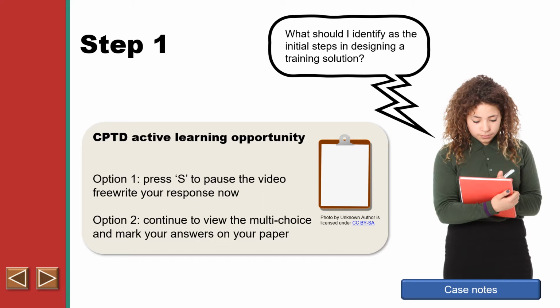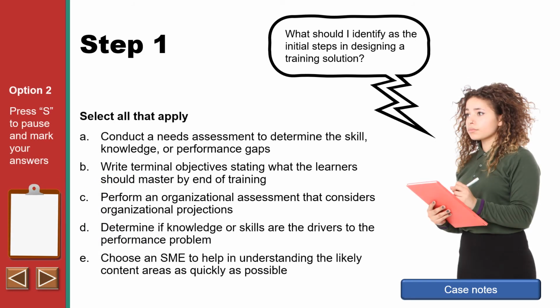As a second option, you could just continue and view the multiple choice and then mark your answers on your paper. Or you can simply see the discussion as I go along. So what should I identify as the initial steps in designing a training solution? I'll give 3 seconds in case you want to pause and then show what I chose.